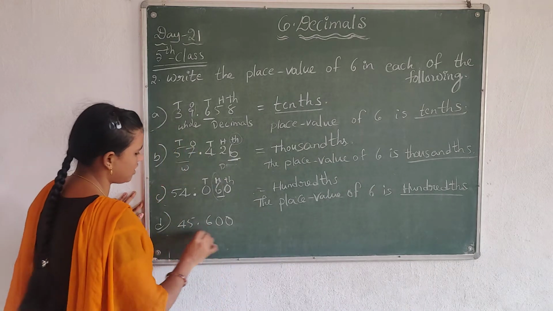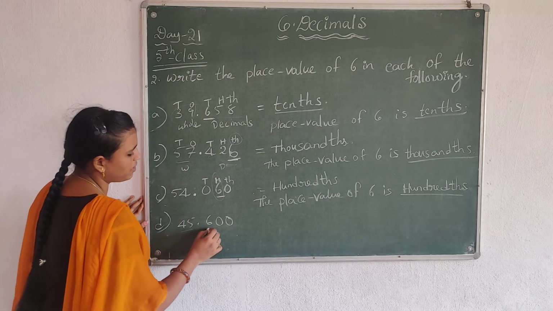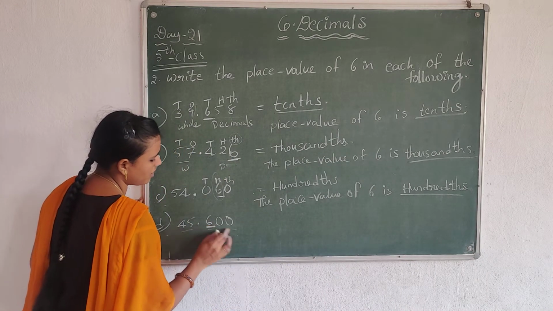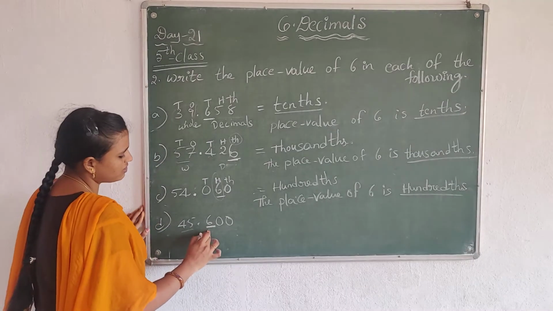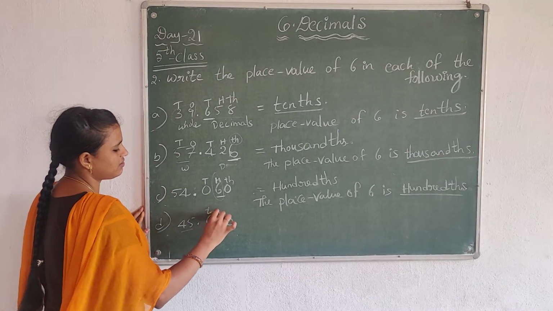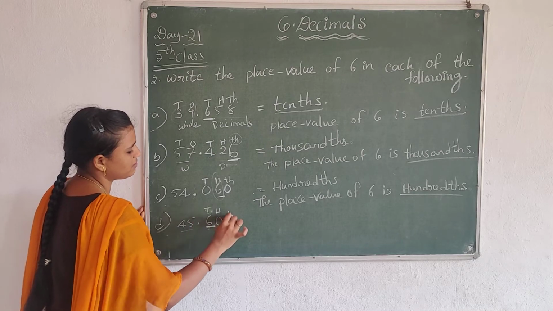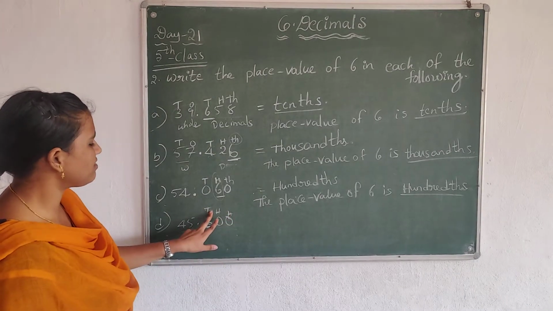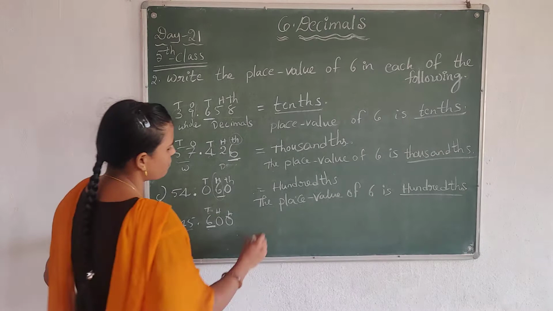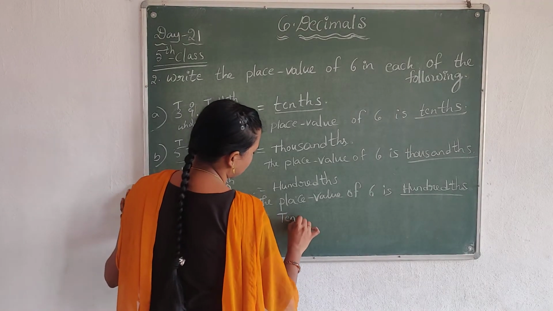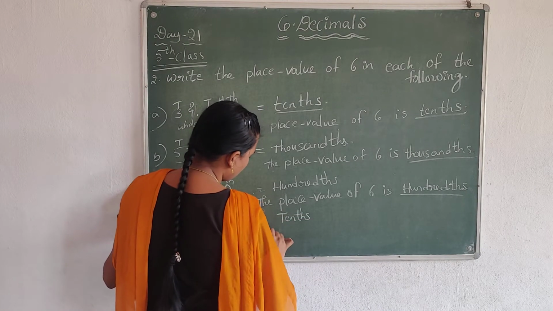Let's see the next one. Here we have whole number and decimal values. Here we have the 6. So what is the place of 6? Tens, hundreds, thousands. Here the 6 is in the place of tens. So write down tens.